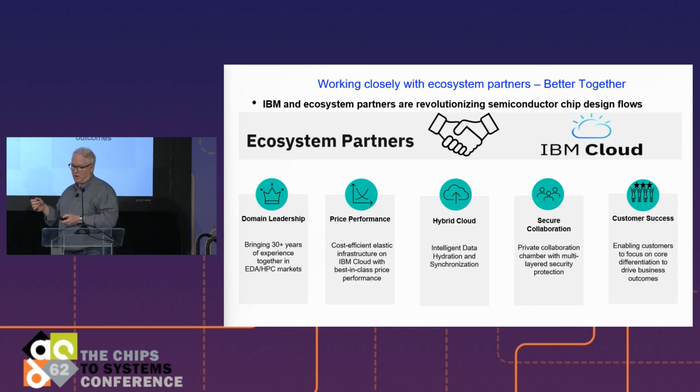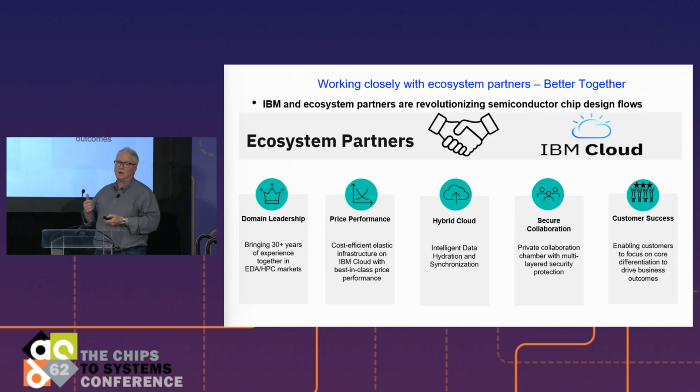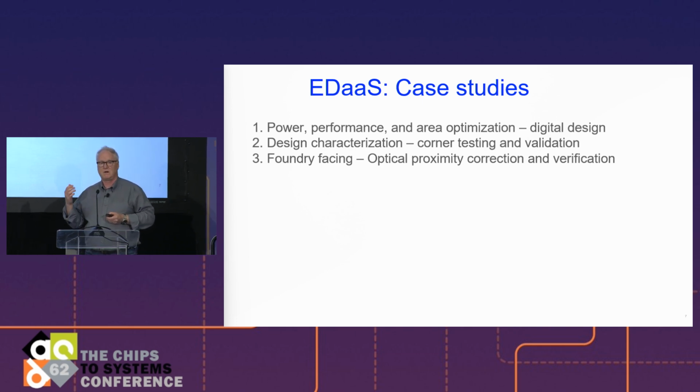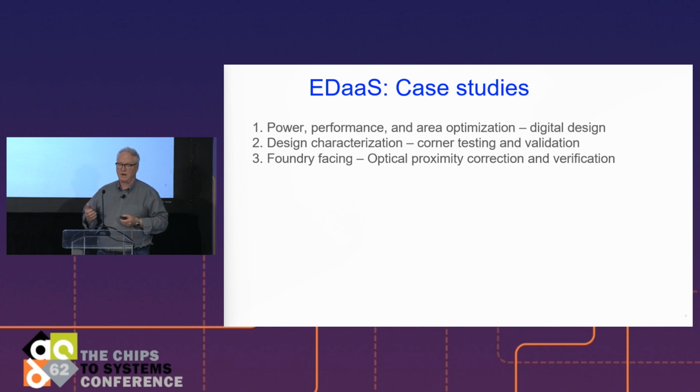We're able to enable hybrid cloud, secure collaboration, and make people successful in realizing design opportunities that they might not be able to realize if they were confined to their on-prem infrastructure. So what I'd like you to do now is to take you through some key examples of workflows that we've done and continue to do every day with our EDA as a solution cloud offering.